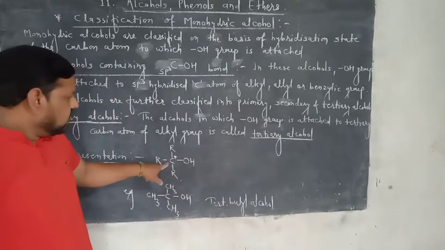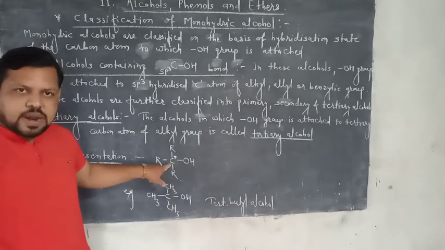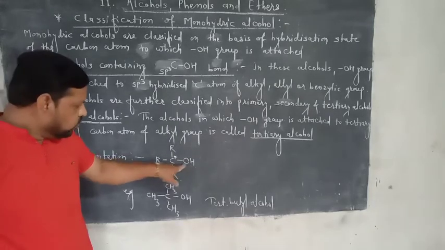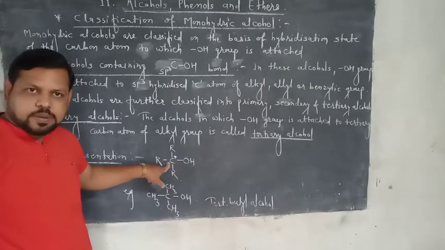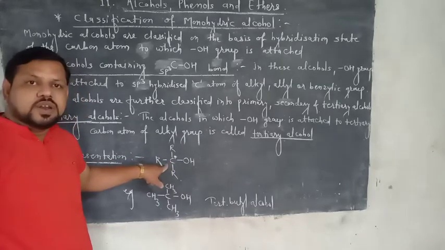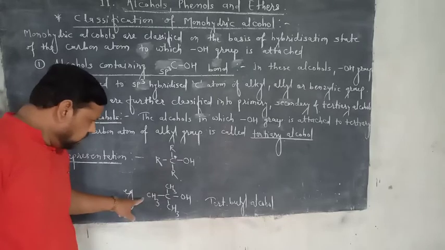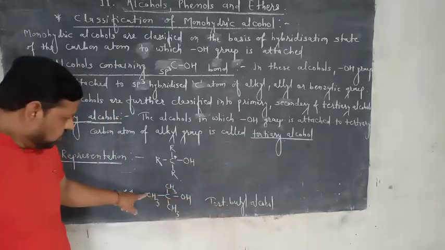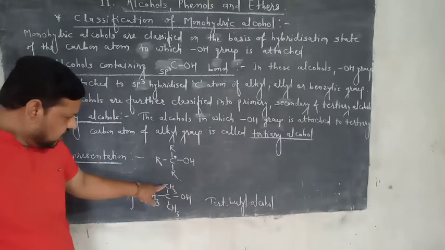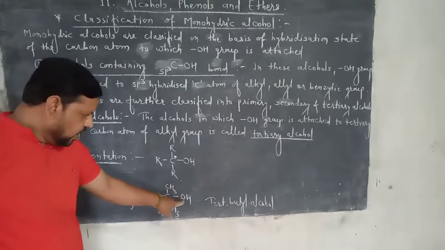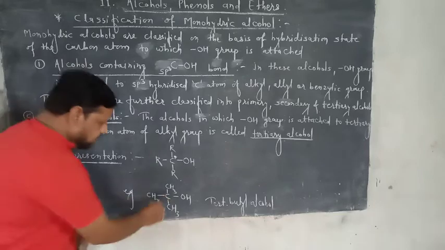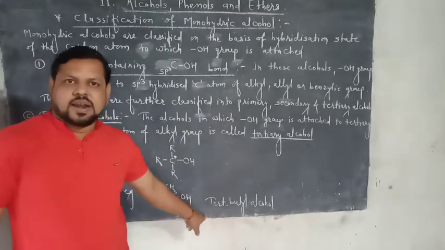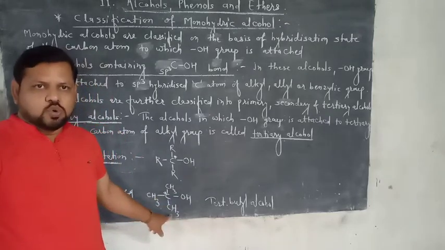In these tertiary alcohols, this carbon atom is the tertiary carbon atom, and the OH group is attached to it, hence it is called a tertiary alcohol. The example is tertiary butyl alcohol, (CH3)3COH. This carbon atom is the tertiary carbon atom, hence it is called a tertiary alcohol.